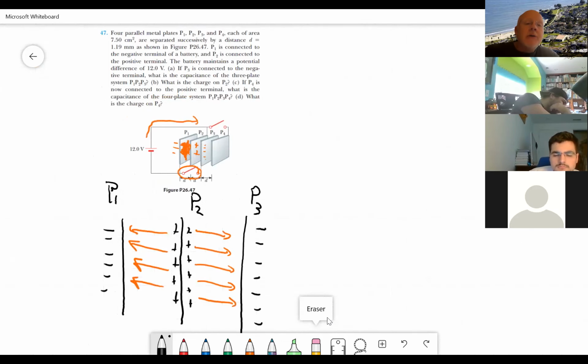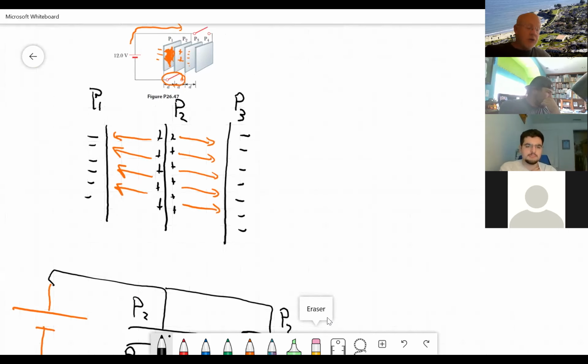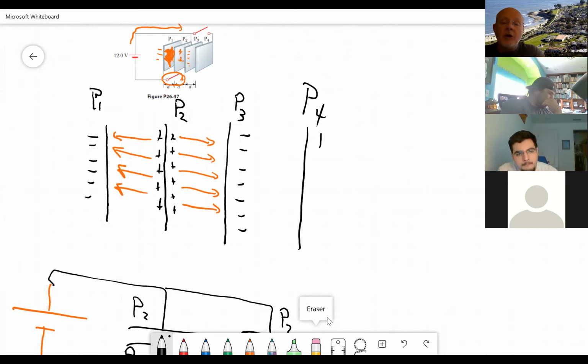If I come back to the question, then it says now what? If P4 is now connected to the positive terminal, coming back to this picture, P4 is now charged positive, P3 would behave like P2 did, where there would be negatives on both sides.